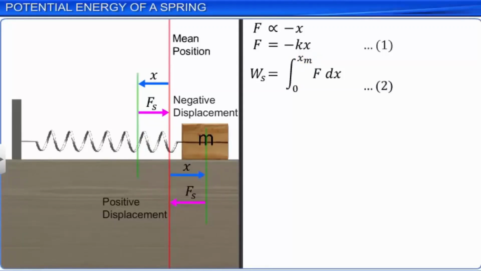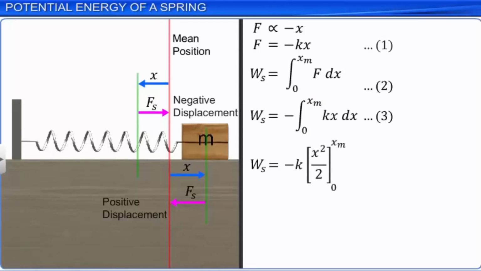Since the spring force F is equal to minus kx, we get W is equal to minus integral kx dx in the limits 0 to xm. Let this be equation 3. On integrating equation 3, we get W is equal to minus k into x square by 2 in the limits 0 to xm.